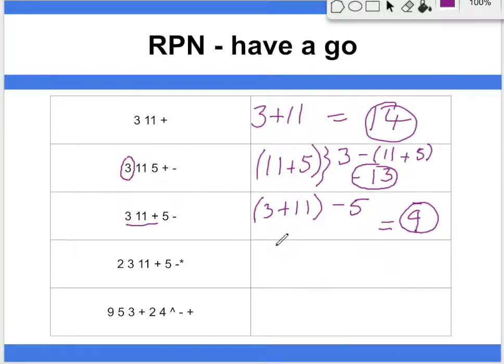So essentially this equation has been written as 3 plus 11 minus 5, and then, if I was going to write it out, I would say it's been written like that actually. So the final answer is 3 and 11, which is 14, minus 5 to give us 9, times 2 to give us an answer of 18.